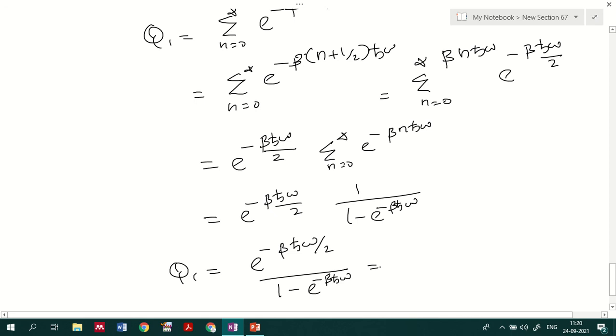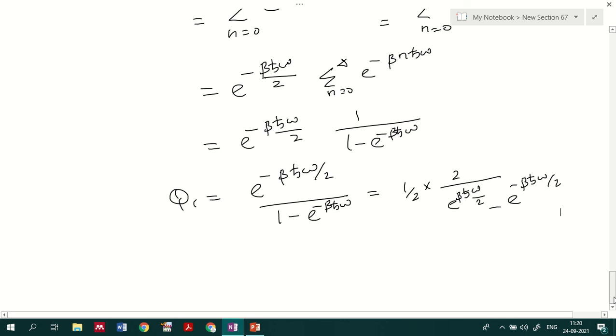Okay, so when I represent in this fashion, this I can write as 1 by 2 into 2 divided by e raised to beta h cross omega by 2 minus e raised to minus beta h cross omega by 2. If I do that, this is equal to 1 by 2 into 1 by sinh of beta h cross omega by 2.